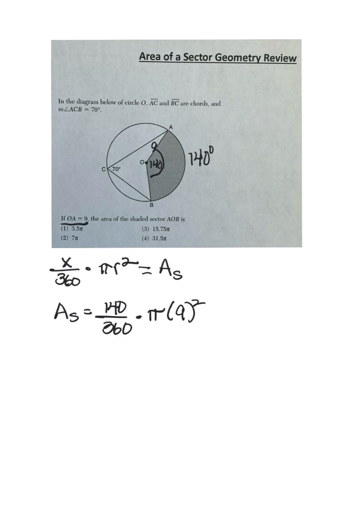And just be careful, if you look at all of these answer choices, they already have pi in them. So when you're putting this into the calculator, you don't need to put the pi in. You're just going to put 140 over 360, and then times it by 9 squared. Okay, all right, so if you pause me, go ahead and do that, and you should end up with, now when I did it, I got 63 over 2, and then I'm supposed to put pi next to it, right?